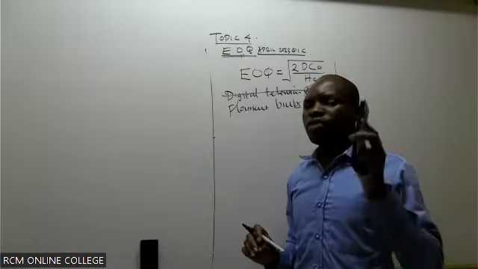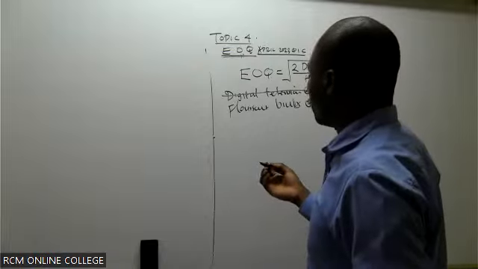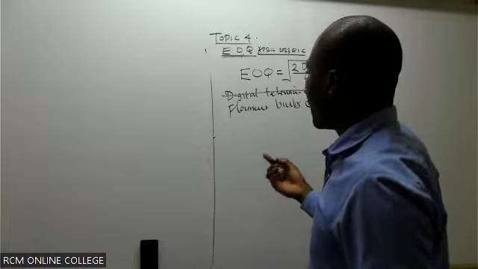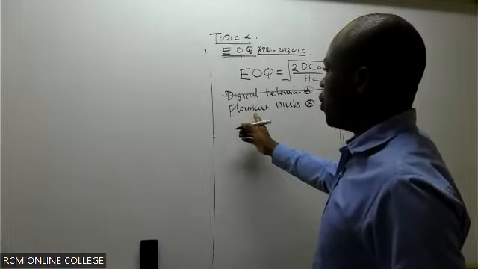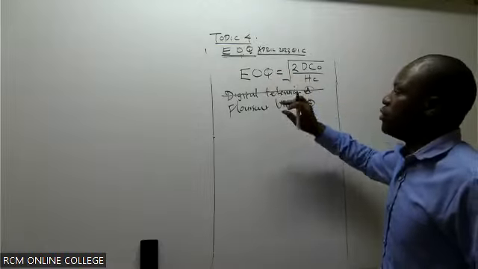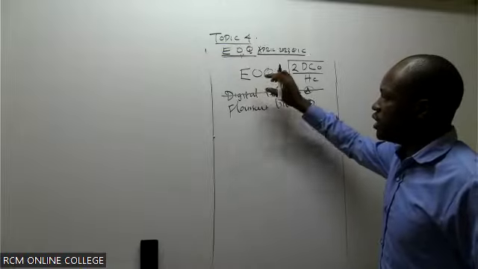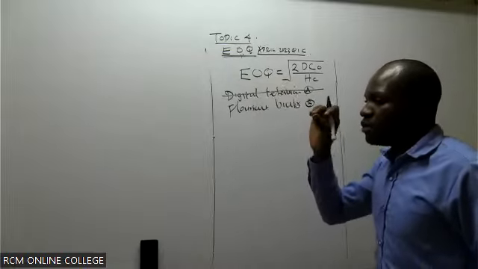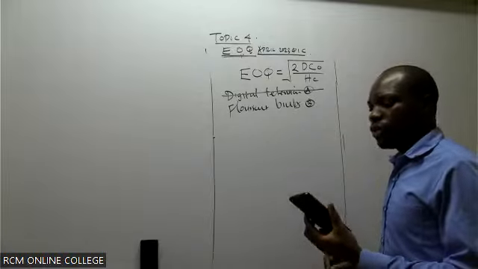So the first thing you are required to do is give the annual demand, not for television, but for fluorescent bulbs. Should they give you the annual demand of television, you should be able to get the annual demand of fluorescent bulbs, because for each digital television, there must be a given quantity of bulbs that they are going to use.